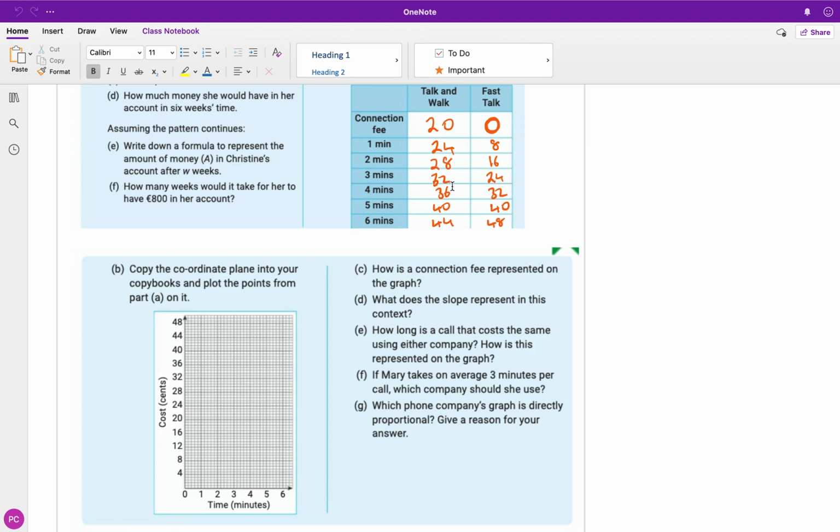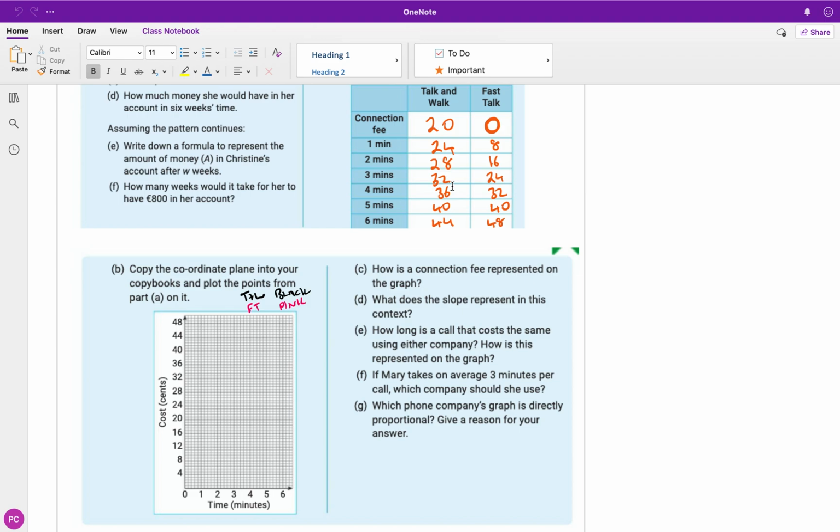I should have done them different colours now that I'm looking at it, but I'll do Talk and Walk in black, and I'll do Fast Talk in pink. Okay, just to show the different ones. Right, so let's start with Talk and Walk.